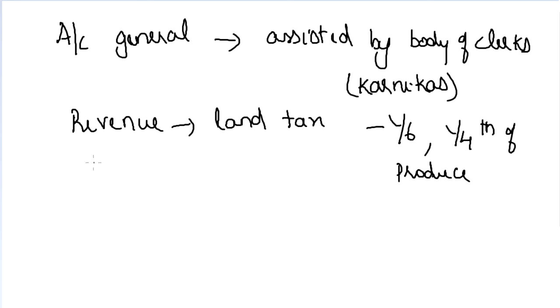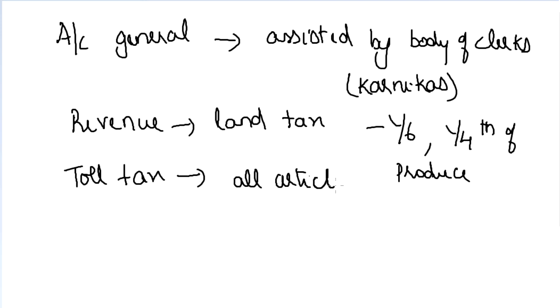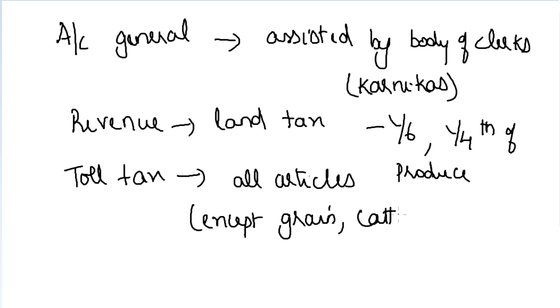The second major source of income was toll tax. Other than land tax, another was the toll tax, which was imposed on all articles, except some things which were exempted, that is grain, cattle, and a few other items.